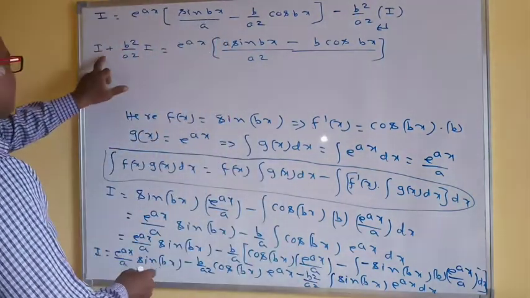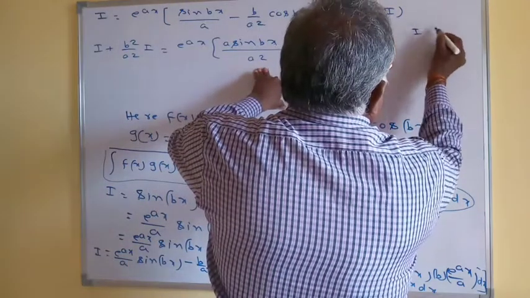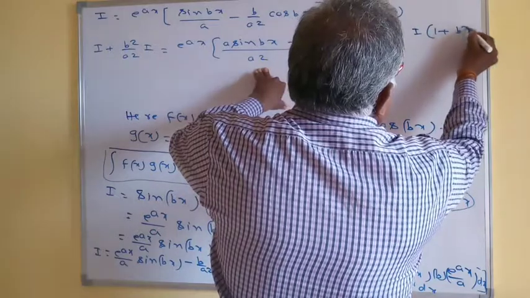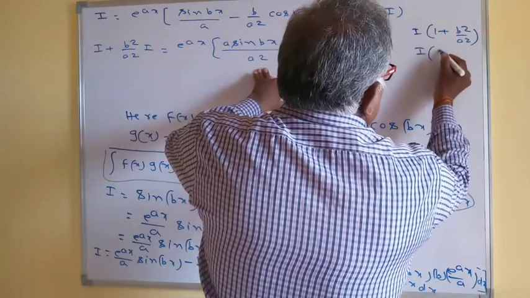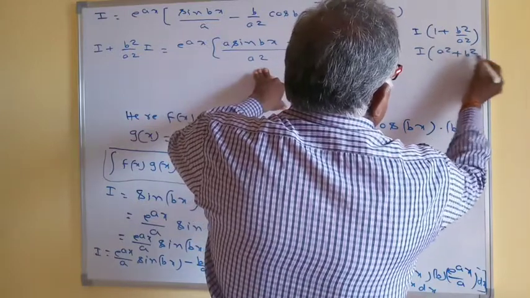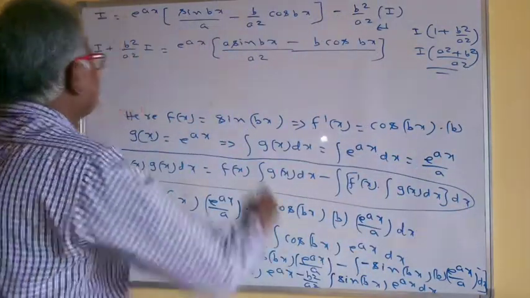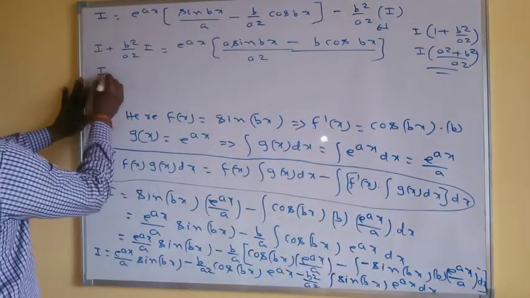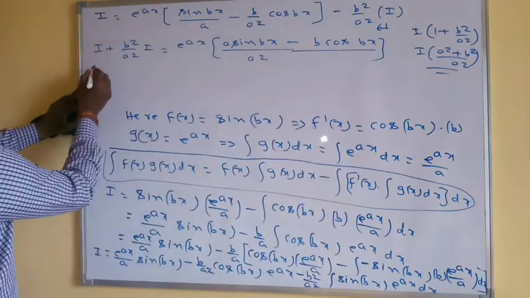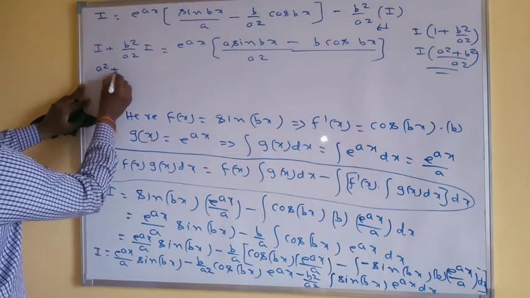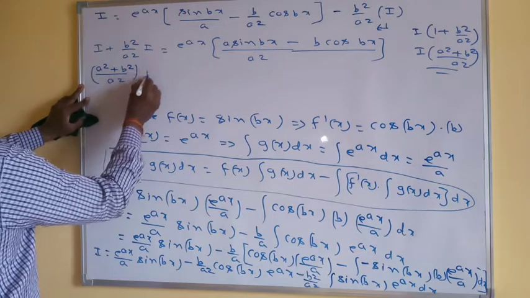Here, if you take I as common, what will you get? I into 1 plus b square by a square. That means a square plus b square by a square. So I into a square plus b square by a square.